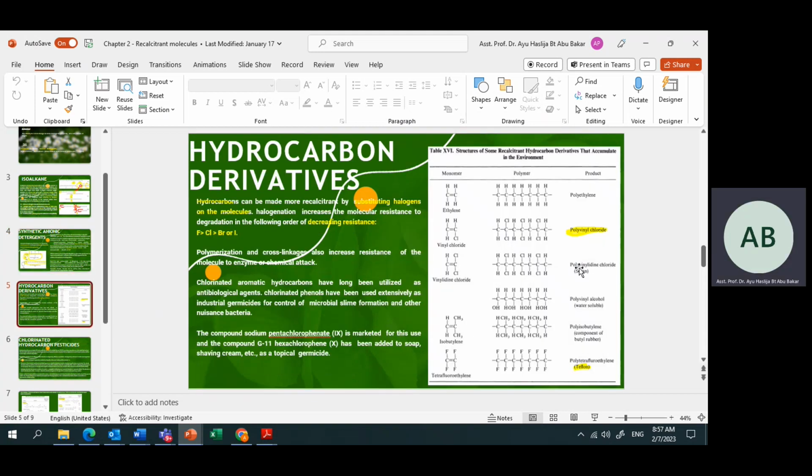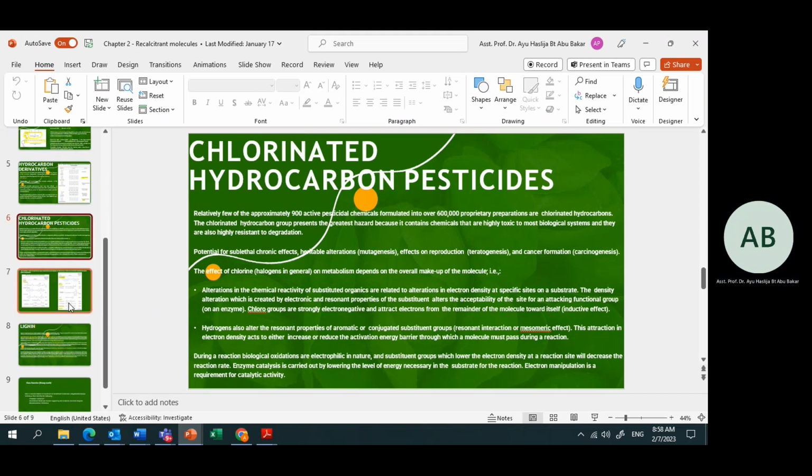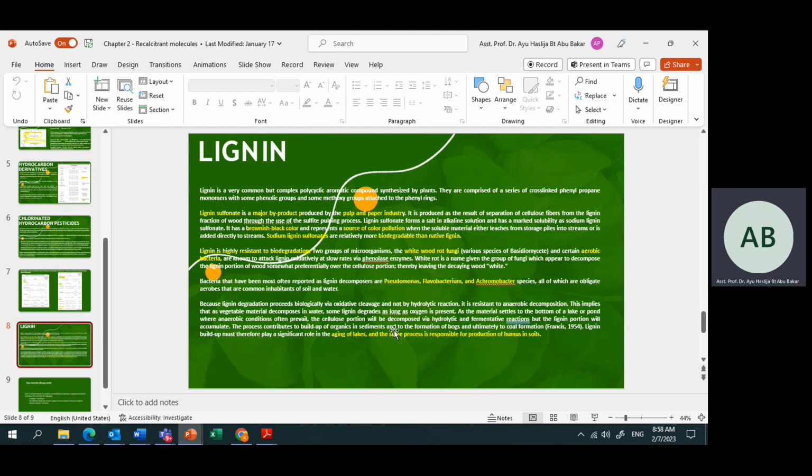Hydrocarbon derivatives, where you will have halogens and aromatics on it. Okay, pesticides and lignin. Lignin in its natural structure. Sodium lignin sulfonate will be easier to degrade.